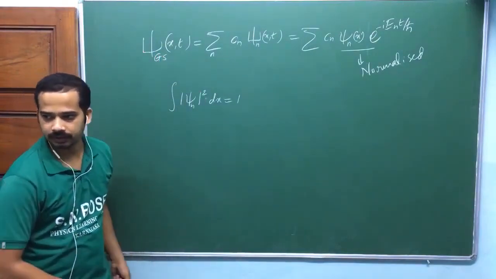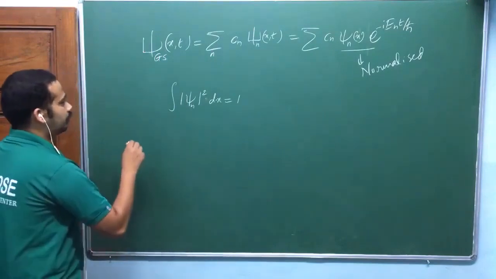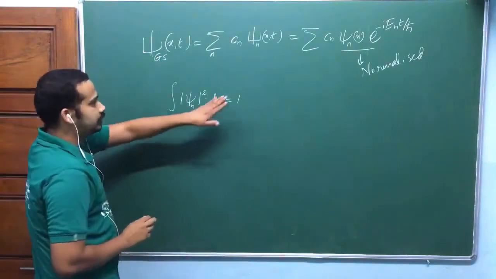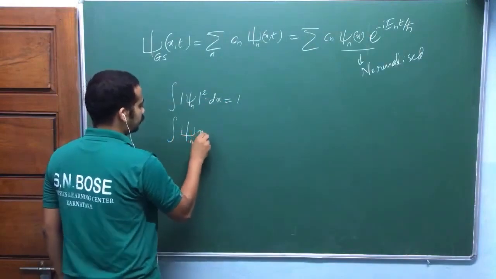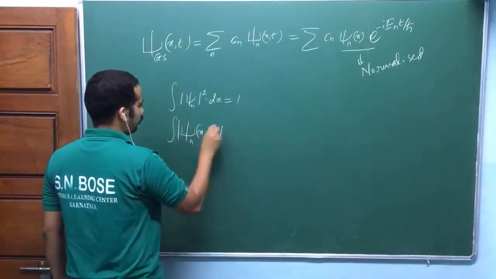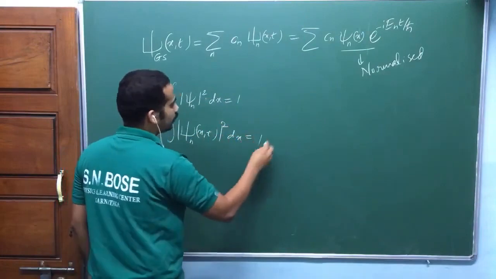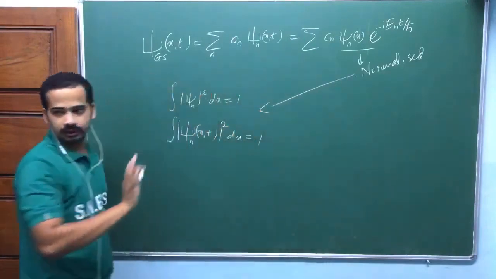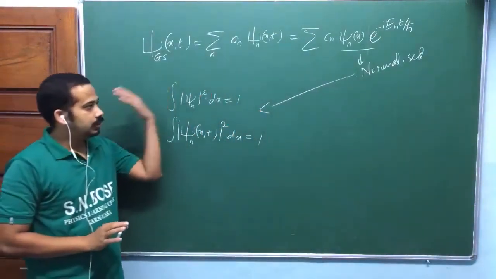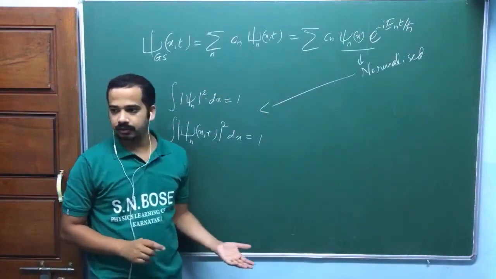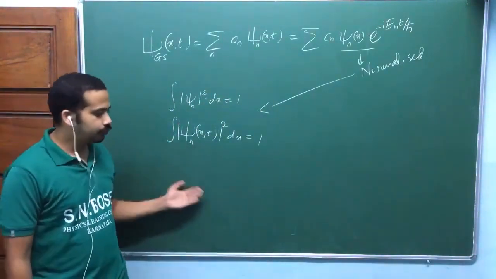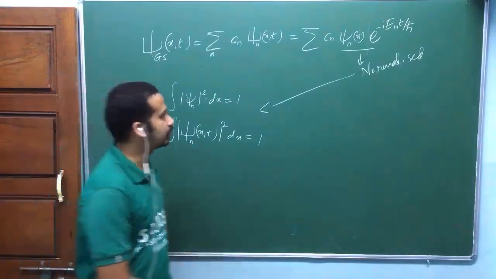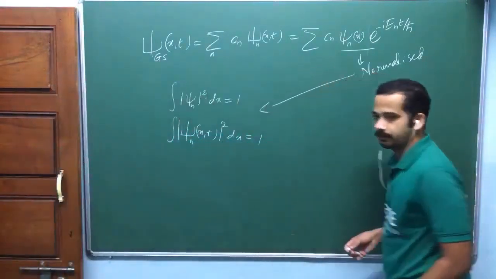So now, again look here, you are enforcing it like this. The integral of mod psi n of x comma t square dx is equal to 1. Okay, this is normalized. But once you do the linear combination, it need not be normalized, isn't it? You need to enforce that condition. To prove that, you need one more property.